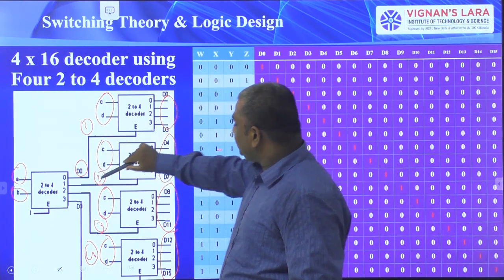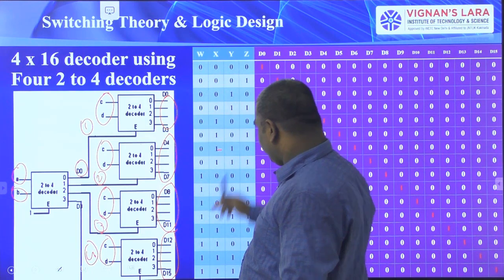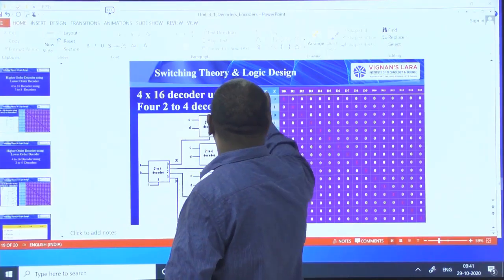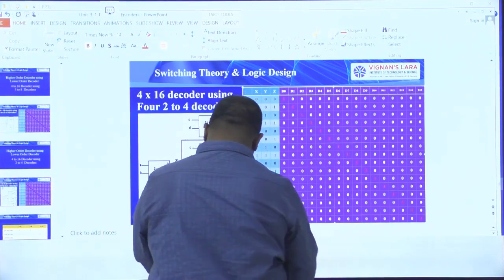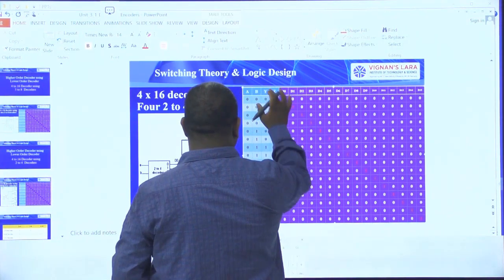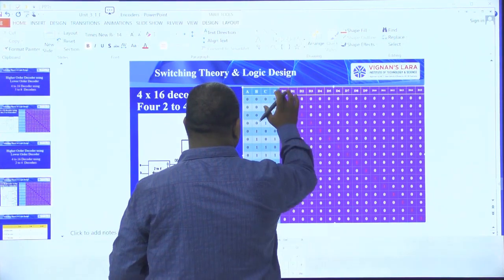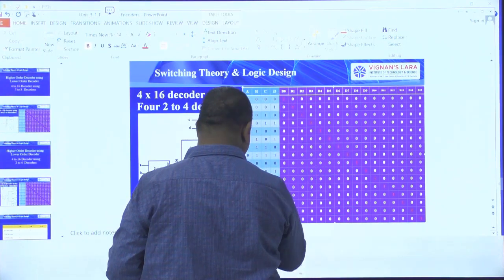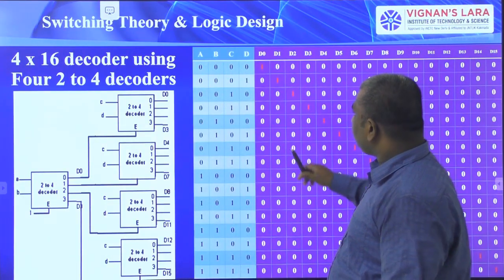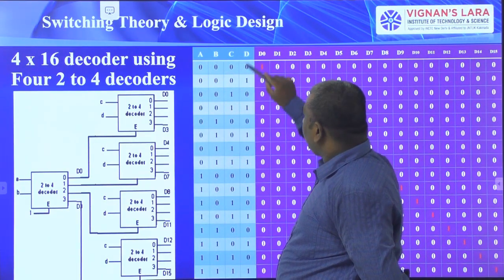Here I have written A, B, C, D, but here I have written W, X, Y, Z, so I will change it to A, B, C, D. So see here, AB signals, CD signals.